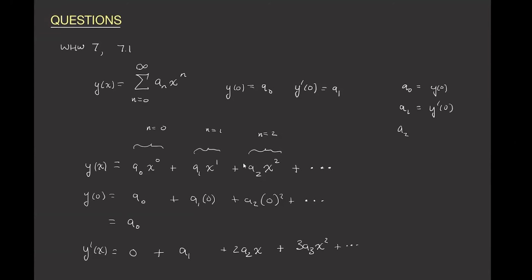And a sub 2, maybe that's like 17 times y of 0. This is not true, but just as an example, maybe it's something like this. And then maybe you can find a general formula, a sub n, and write that as, oh, the nth derivative of y, evaluated at some number, divided by something or whatever. There should be some formula there.